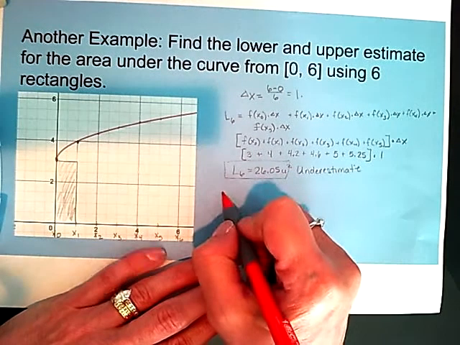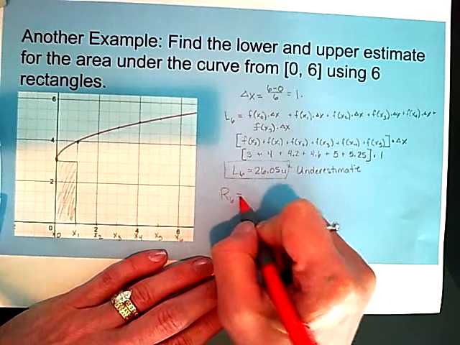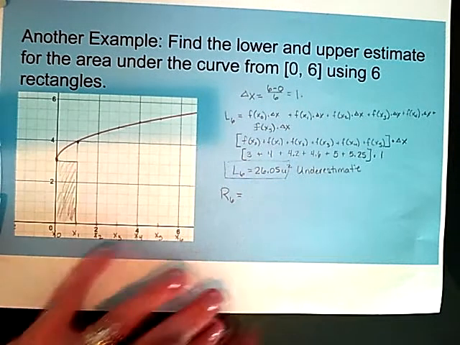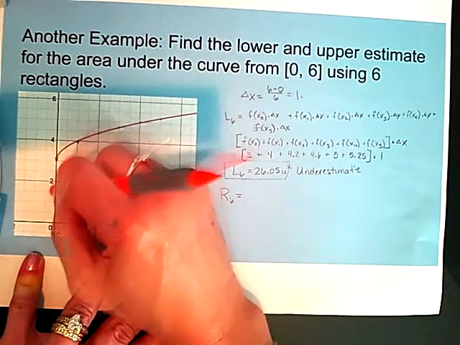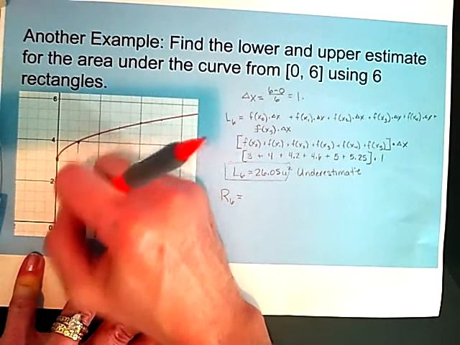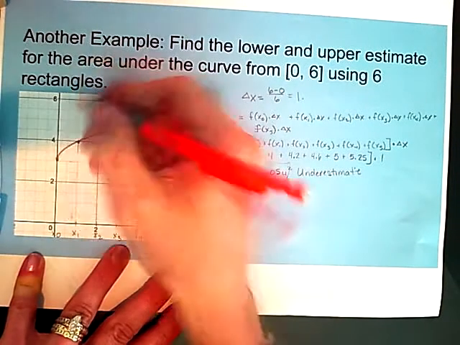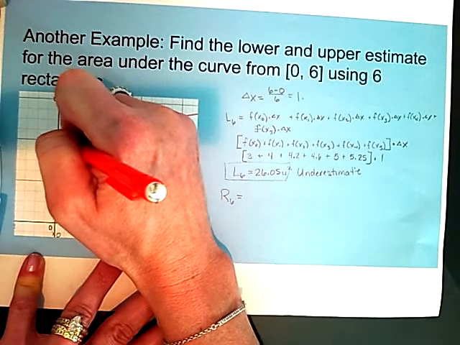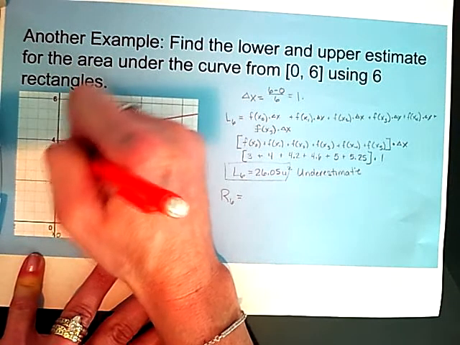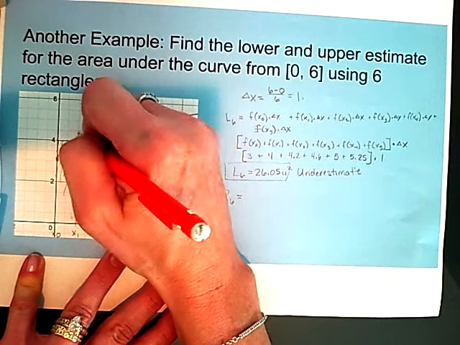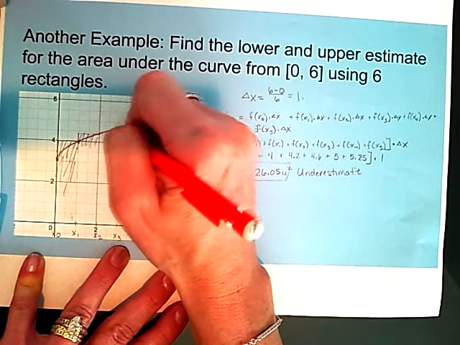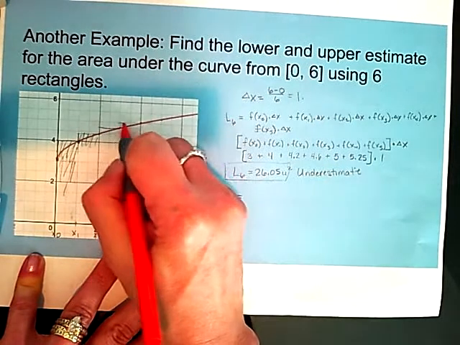Now, for my overestimate, that's going to be right-handed endpoints. So instead of this first rectangle starting at x sub 0, my first rectangle isn't going to start till x sub 1. So you can see right now that very first rectangle is already higher than that curve. So these rectangles are all going to be higher than the curve.